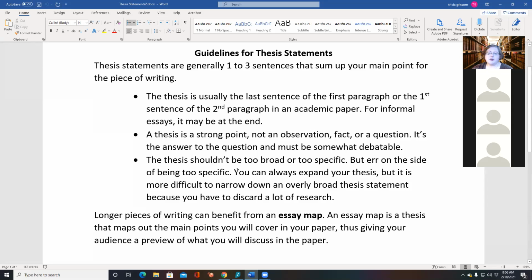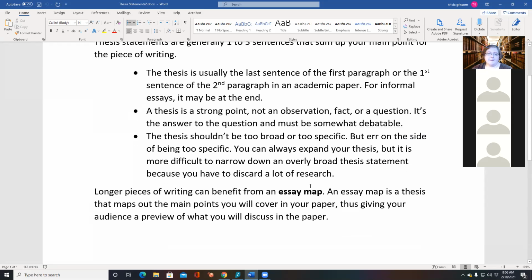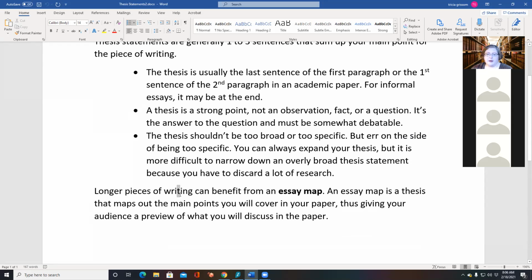Okay? You can always expand and keep all of your work, but if you have to retract, you lose a lot of what you've done. Okay? Longer pieces of writing, or any piece of writing really, can benefit from an essay map. That is a thesis statement that also includes the main points that you'll cover in your paper.